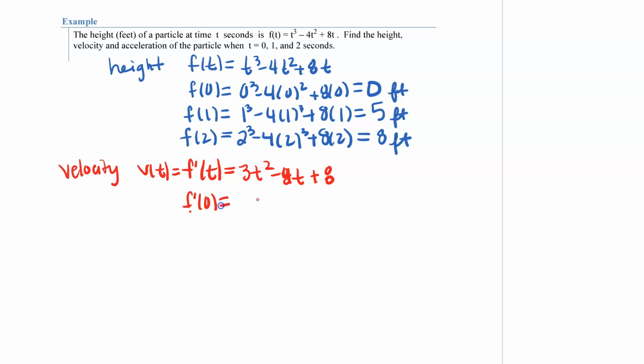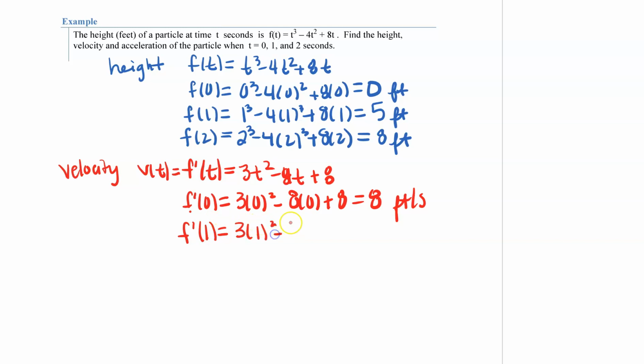So f prime of 0 would be 3 times 0 squared minus 8 times 0 plus 8. So it just gives me 8 feet per second. So after 0 seconds, my velocity, or really my initial velocity, is 8 feet per second. f prime of 1, again, just plug in 1, is going to be equal to, grab your handy dandy calculator, and you get 3 feet per second.